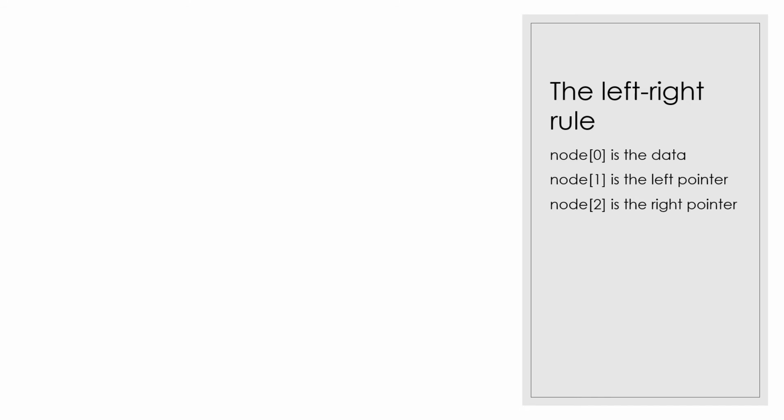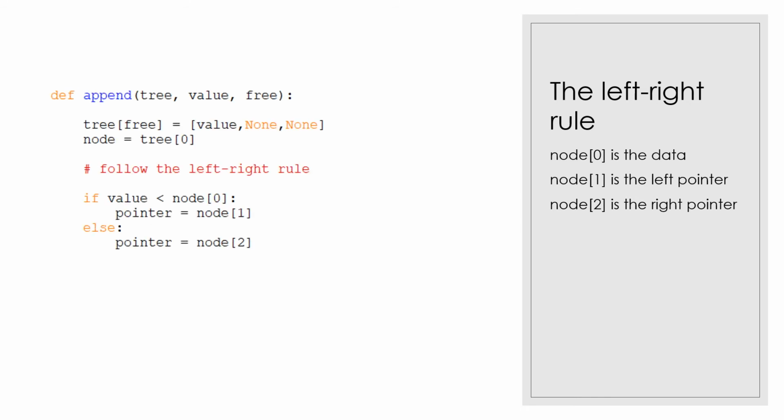Node 1 is the left pointer of the node, and node 2 is the right pointer of the node. So node square bracket 0 does not mean the node at position 0. It means position 0 of the node, the data part of the node. So how do we apply that? See what it looks like.